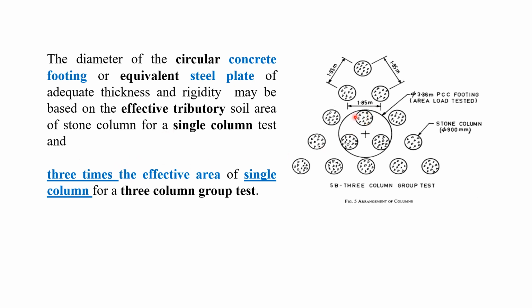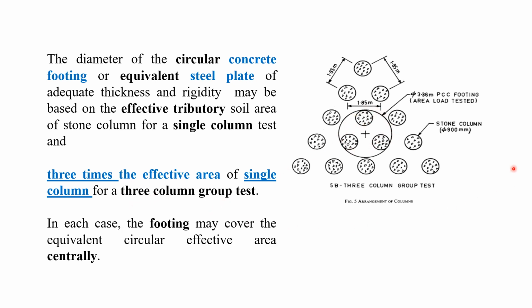Suppose we want to test 3 stone columns at the site. In that case, 3 times the effective area of the single column. Whatever effective area we have achieved for a single column in the previous slide, we shall multiply by 3 to get the effective or tributary area for the 3 stone columns. This we have to remember.